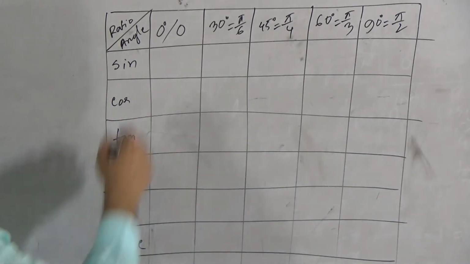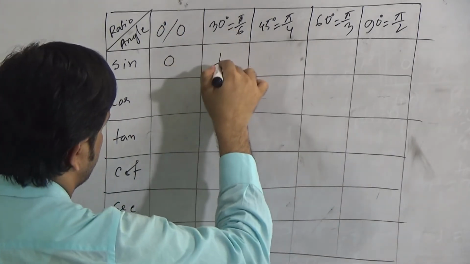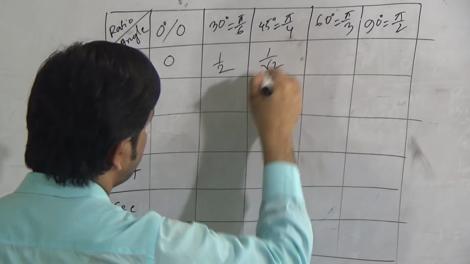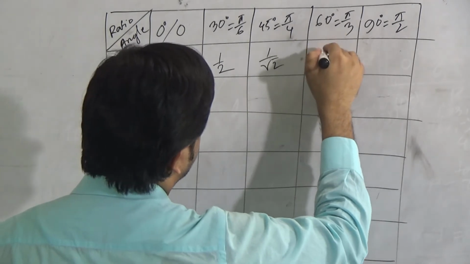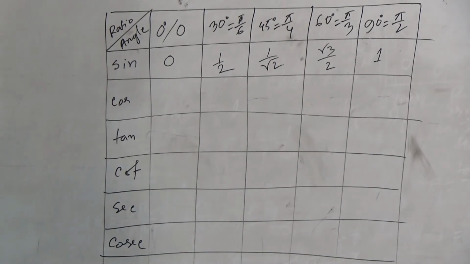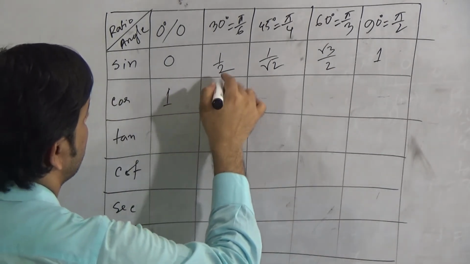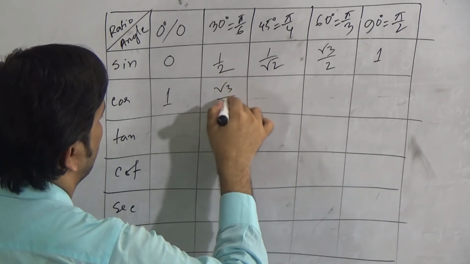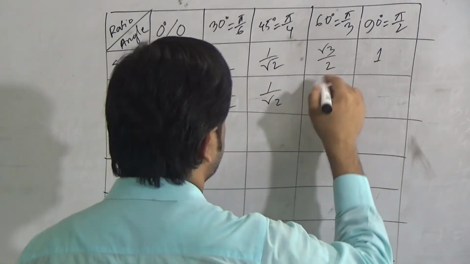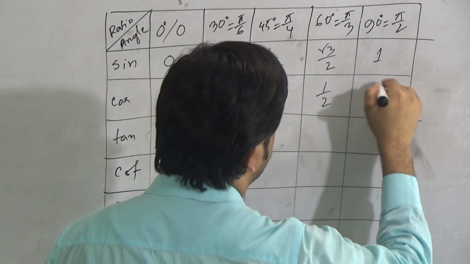Sine 0 degree value is 0, sine 30 degree value is half, sine 45 degree is 1 by root 2, sine 60 degree is root 3 by 2, sine 90 degree is 1. Then cos 0 degree is 1, cos 30 degree root 3 by 2, cos 45 degree 1 by root 2, cos 60 degree is half, cos 90 degree is 0.